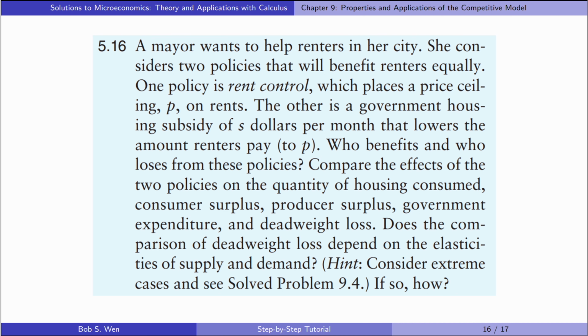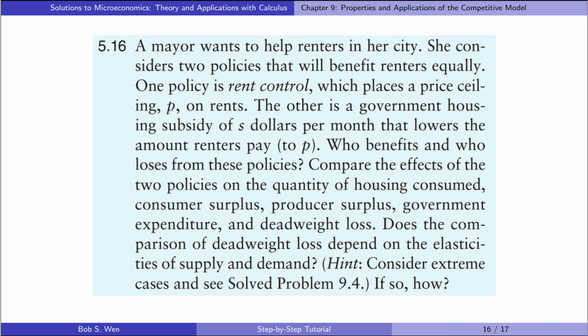Let's jump to exercise 5.16. A mayor wants to help renters in her city. She considers two policies that will benefit renters equally. One policy is rent control, which places a price ceiling P on rents. The other is a government housing subsidy of $S per month that lowers the amount renters pay.